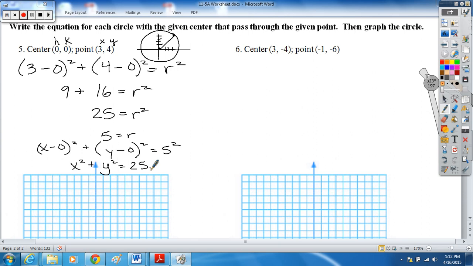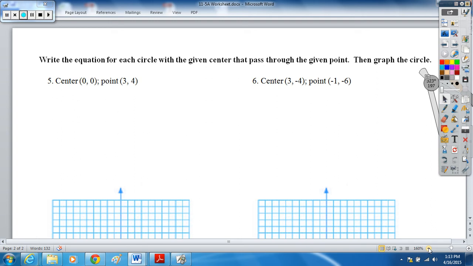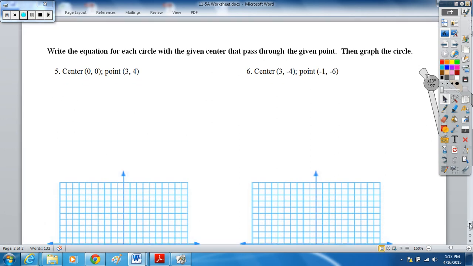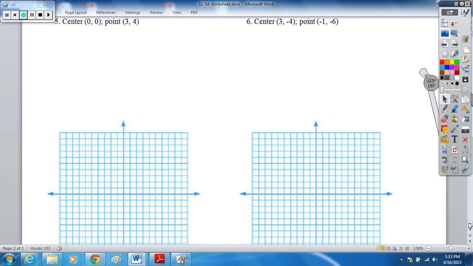Now, how do you graph it? Well, I wish I could leave that up there, but I'm going to have to make this go down. Actually, you know what? I'll make it smaller. Can I go down? Okay. And so center's at (0, 0), 5, 1, 2, 3, 4, 5. 1, 2, 3, 4, 5.